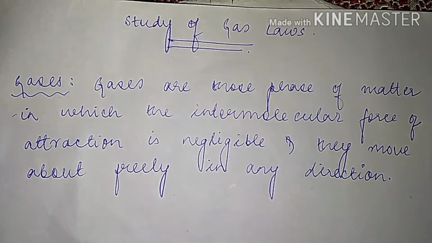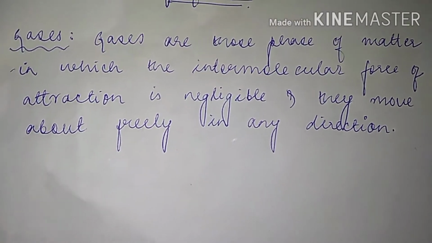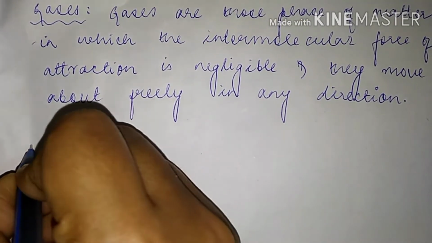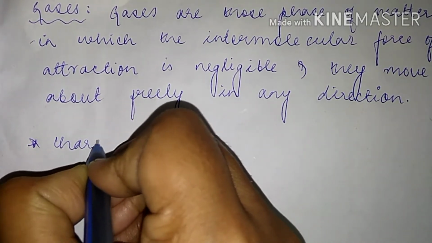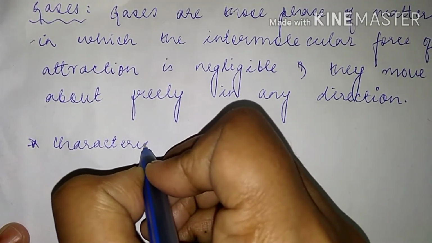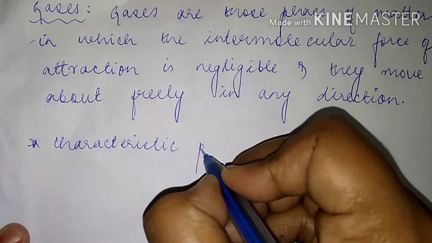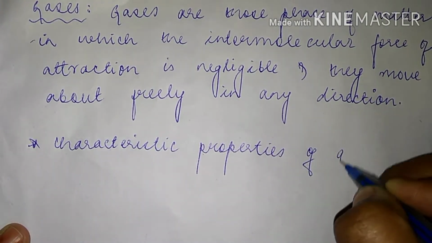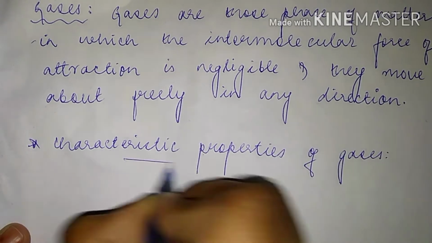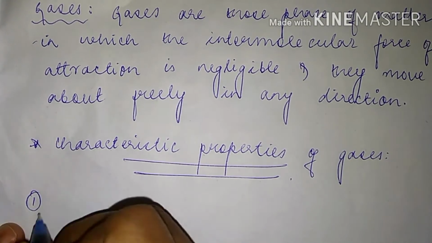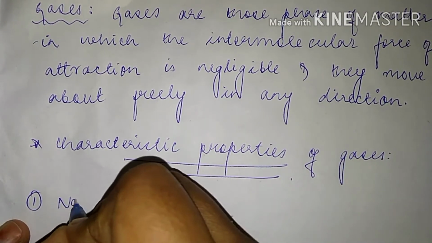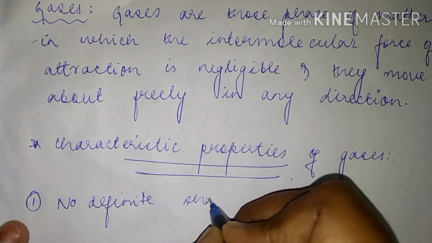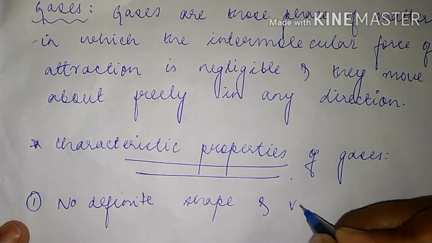Like every substance has some characteristic properties, our gases also have some characteristic properties. The characteristic properties of gases can be stated as follows. Number one, they have no definite shape and volume.